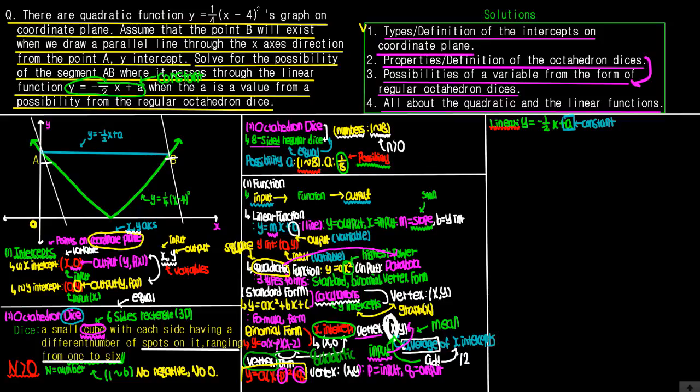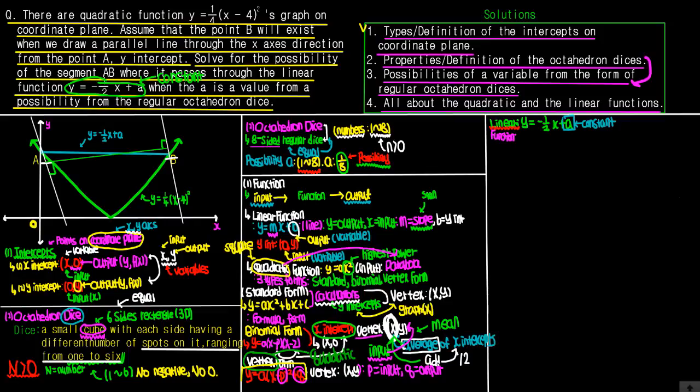So what do we mean by parallel lines? It means if we connect a straight line, each one should be 90 degrees. That's what parallel will look like. And what does parallel mean in our linear function?